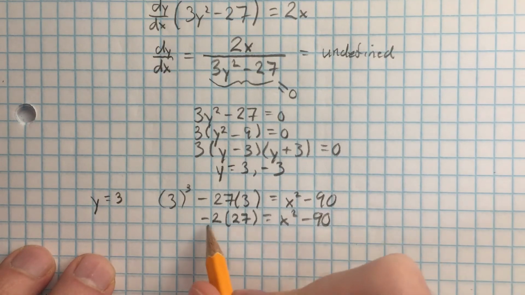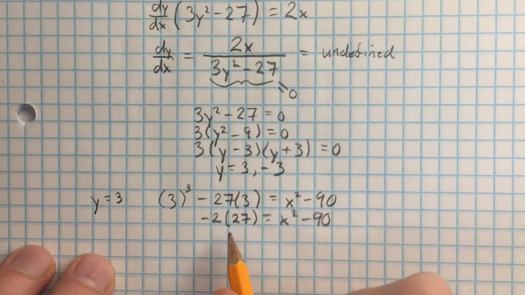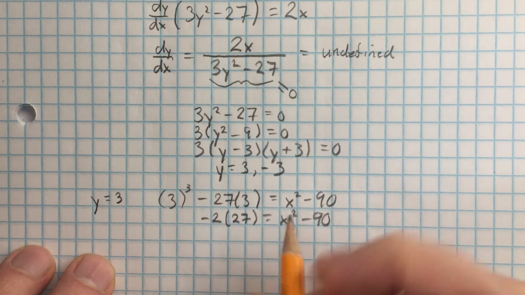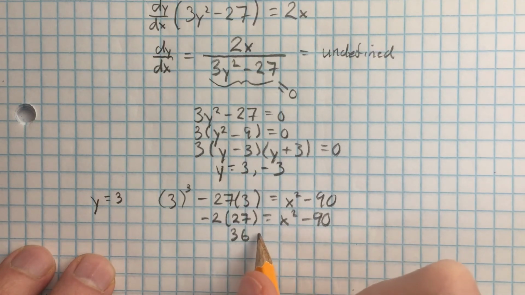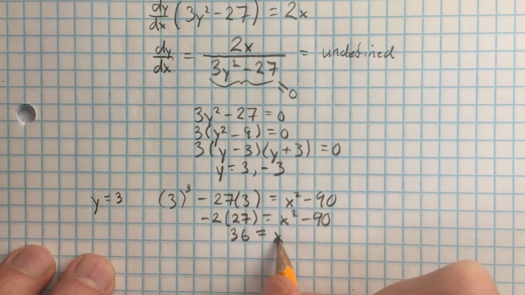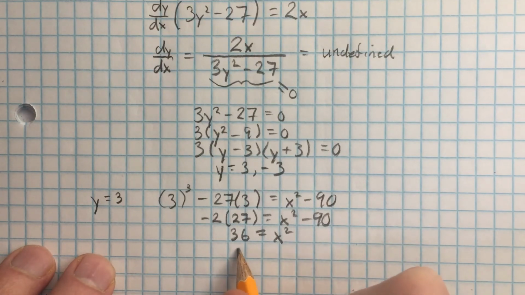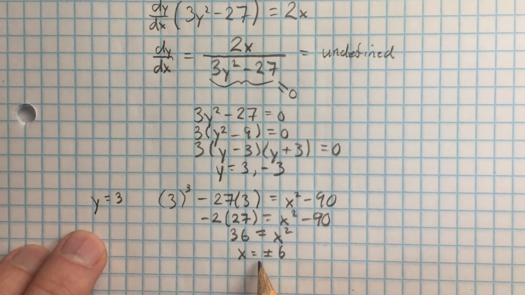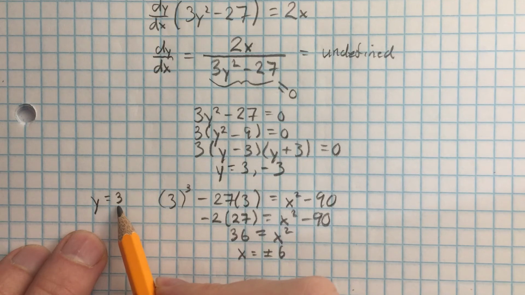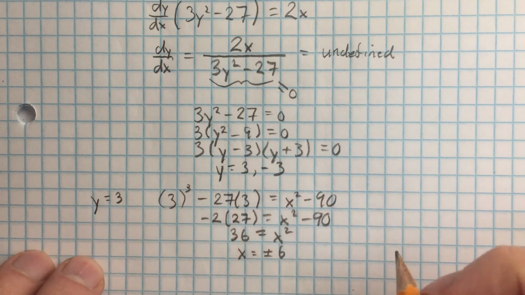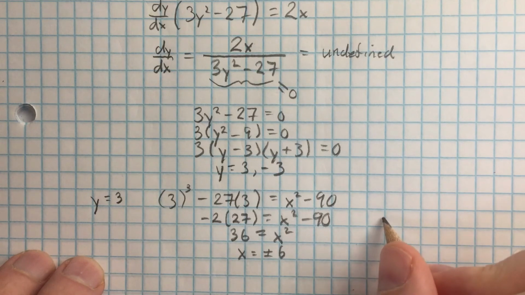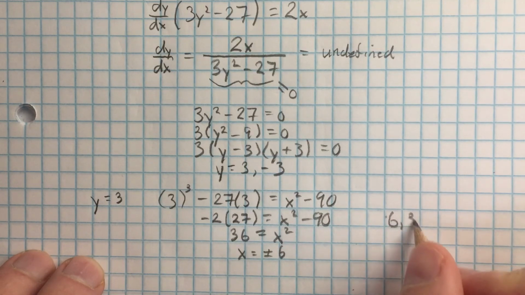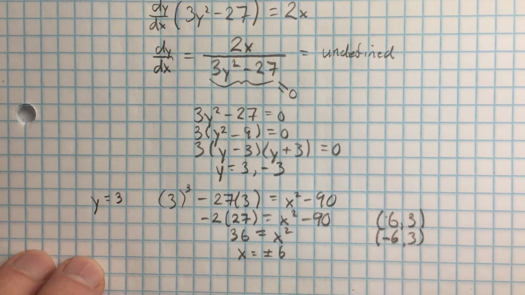So now let's see, we have a negative 54 plus 90 is what? 36. So we have 36 equals x squared. So that means x is going to equal plus or minus 6. So it turns out there's actually two x locations that provide a value of 3 for y. So this actually produced 2 points, and that is 6, 3 and negative 6, 3, already 2 points where the tangent line is vertical for this curve.